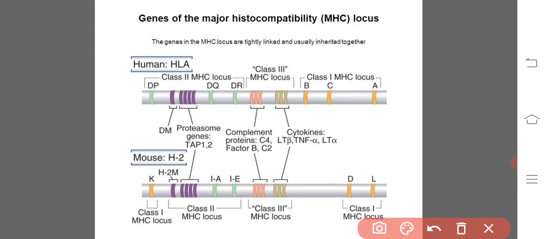Here we are discriminating the difference between the human HLA and mouse H2 complex. The type of genes and their loci, both of them are different. And all these genes which are present in the MHC locus are tightly linked and usually inherited together.